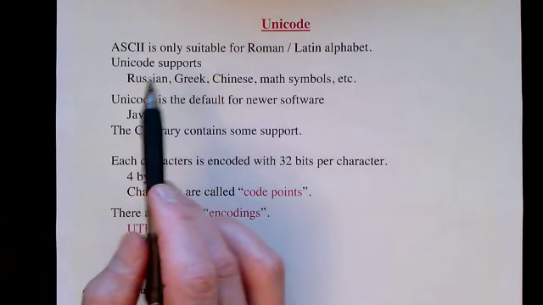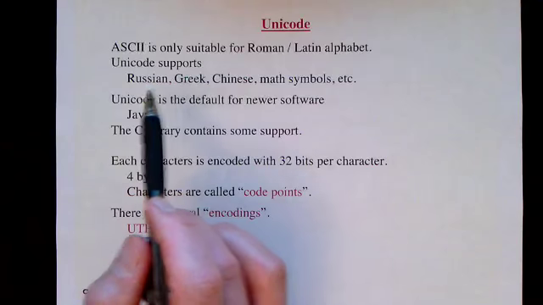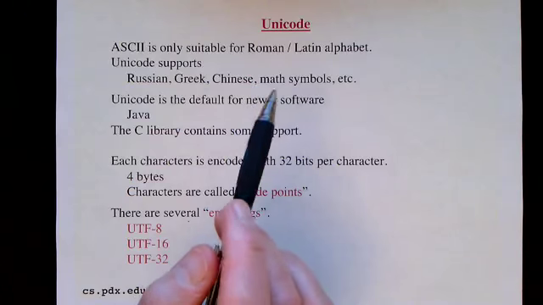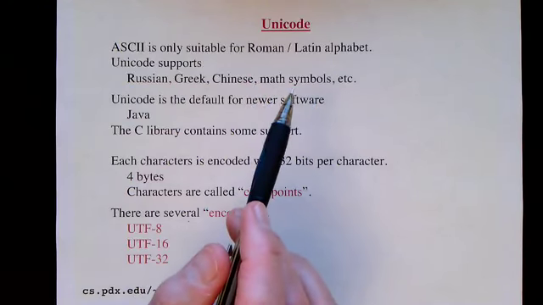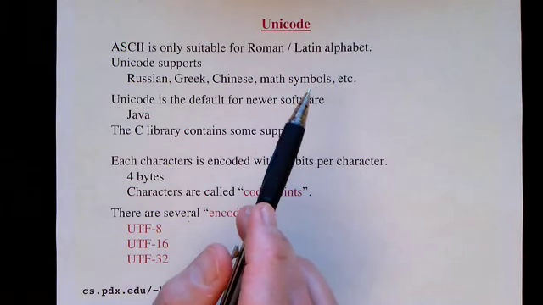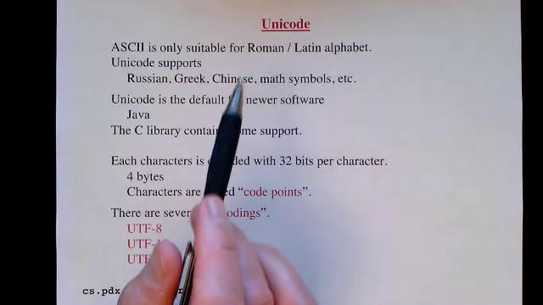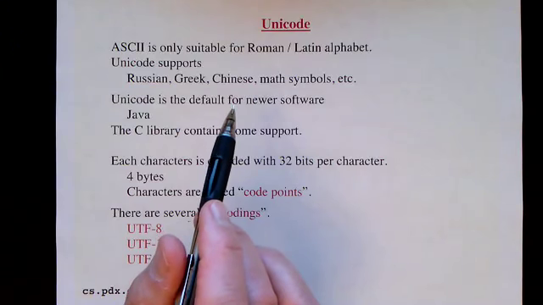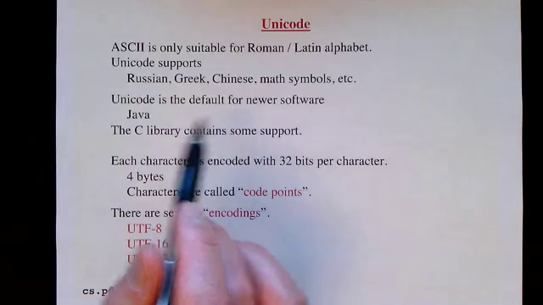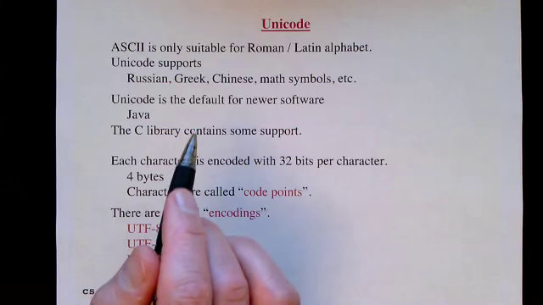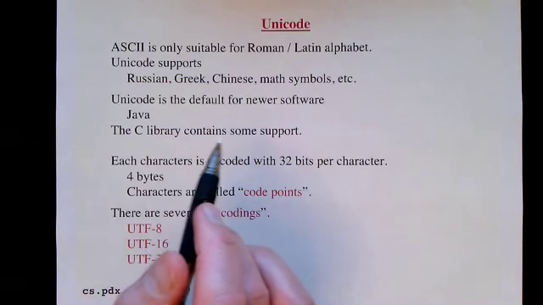So in particular, it supports the alphabets for Russian, Greek, Chinese, every other language that you can think of. Lots of symbols, including all kinds of math symbols and various kinds of graphic symbols as well. So it's got lots and lots and lots of characters in it. Unicode is the default for all new software, Java, for example. Older software, such as the C programming language, contains some support in the library for dealing with Unicode.